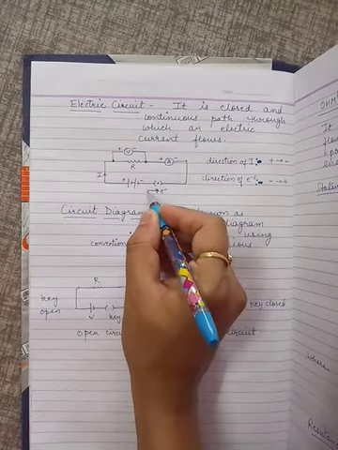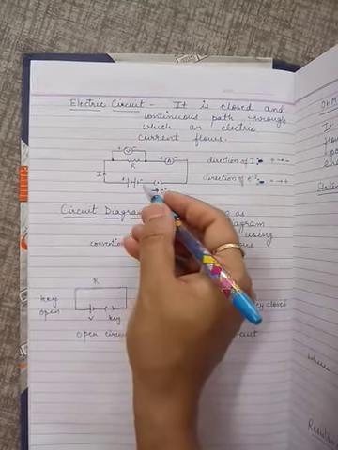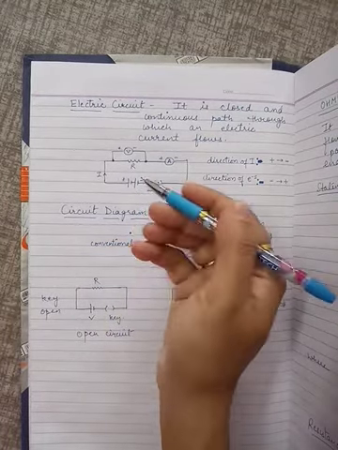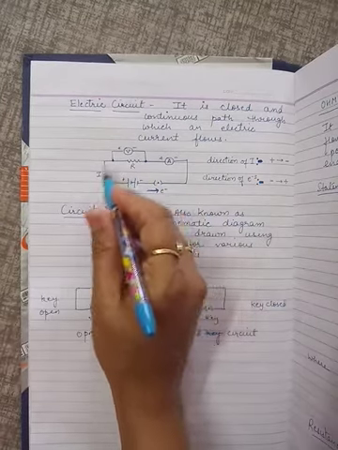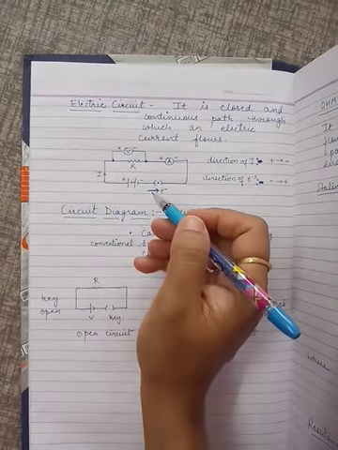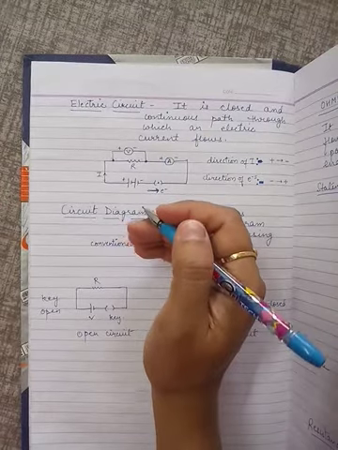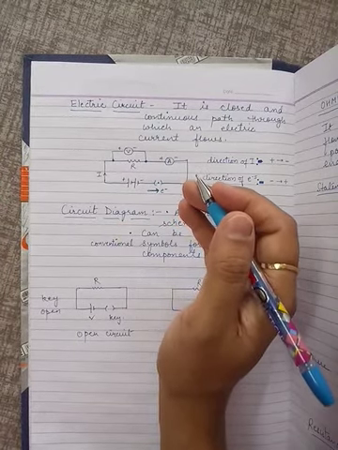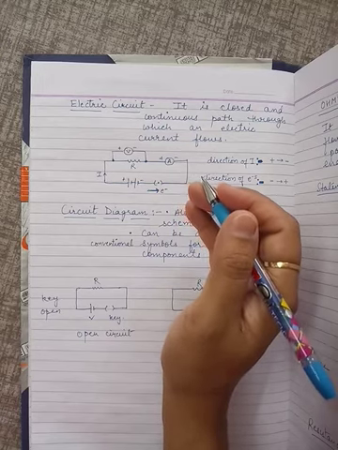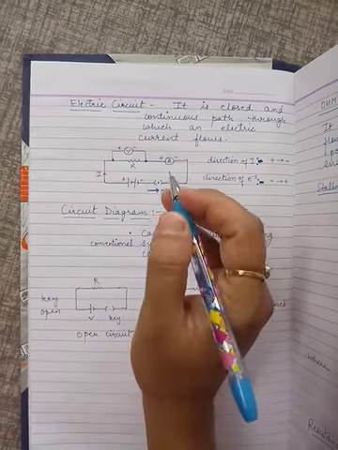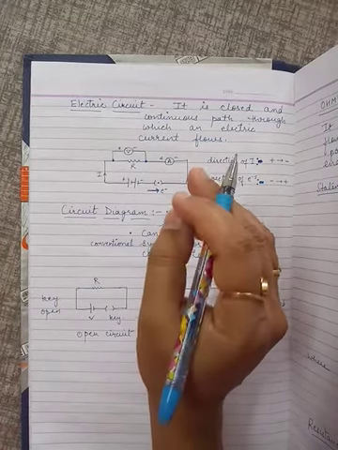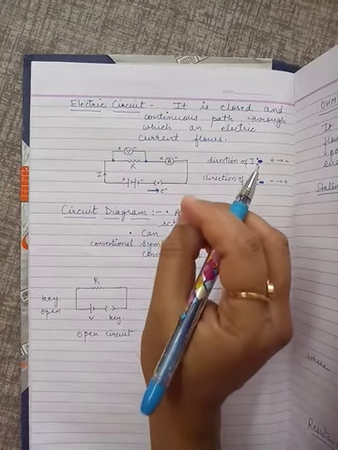Even then, one must be thinking that electrons are moving from negative towards positive, and the current direction we always consider from positive towards negative. Why is it so? There is no technical concept or topic over here, but it is a convention that was made long back when electricity was discovered.